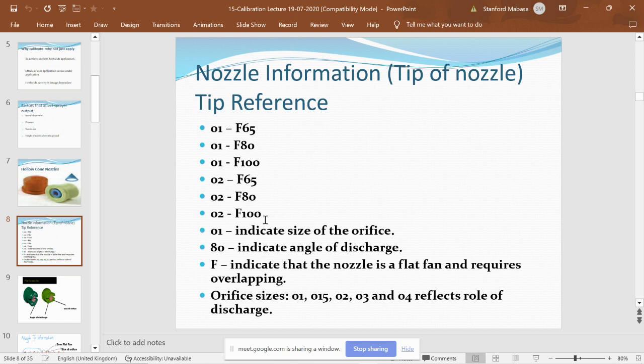And the F indicates that the nozzle is a flat fan and it requires overlapping. So orifice sizes could be 01, 0.15, 02, 03, and 04. And this reflects the amount of water or liquid which is discharged.